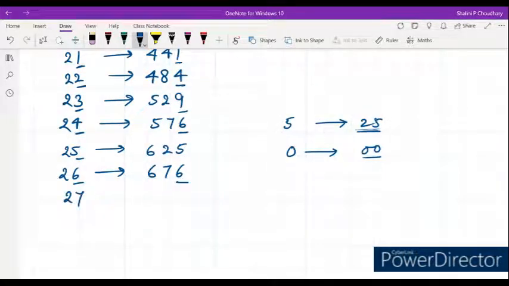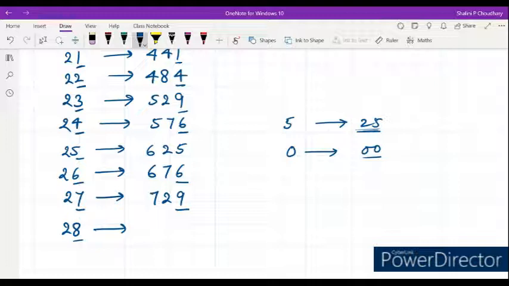Now 27, score of 7 is 49, right? That should end with 9. So what is the score of 27? Score of 27 is 729. 7, so that's why ending with 9. 28, score of 8 is 64. So this should end with 4.